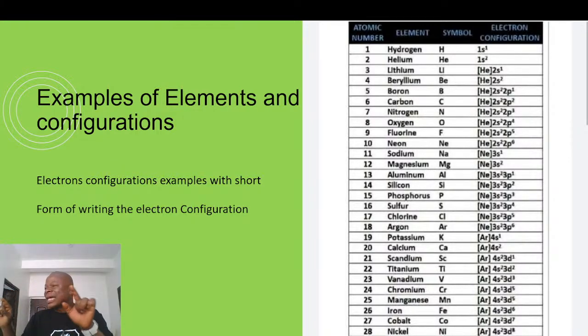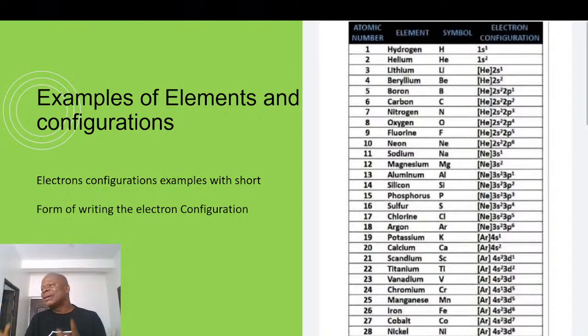That Ne stands for 10, the neon. Instead of writing a long electron configuration, you can shorten it using Ne. When you mention Ne in brackets, you are telling us that Ne is the 10 electrons that are there.